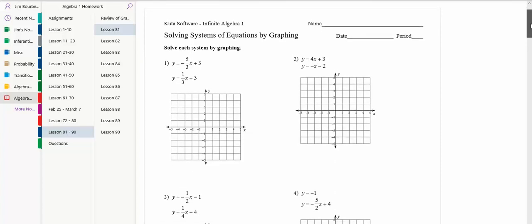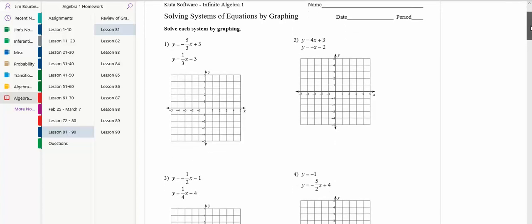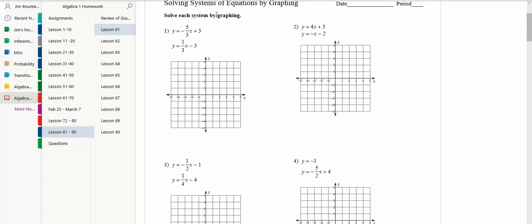So, there's several different sections here. The first one, they want you to solve each system by graphing. So this is where you're practicing, again, being able to graph lines, but now graph a system of lines and then find the solution for it. Find the place where they intersect, if they intersect. So work on those.